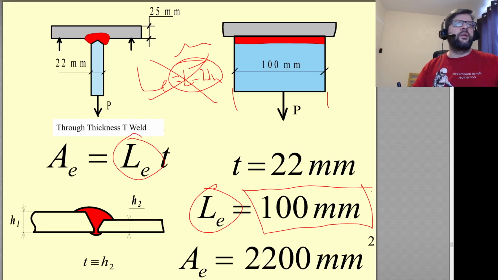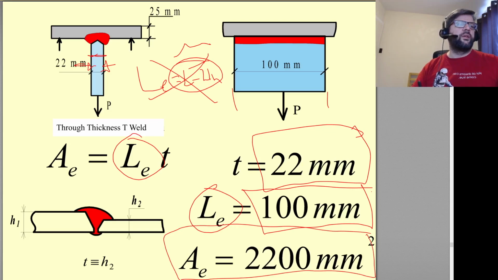We've got the thickness of 22 millimeters because our cross section for failure is basically that cross section there. And then we've got the effective area, which is those two things multiplied together.